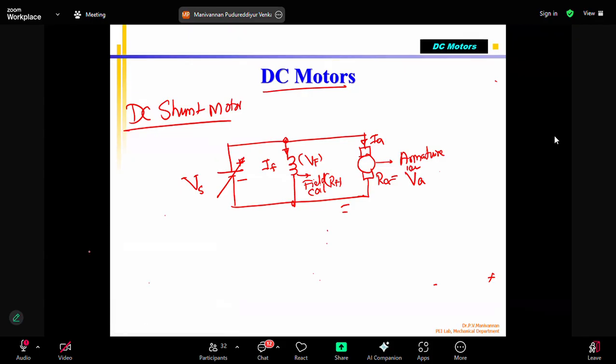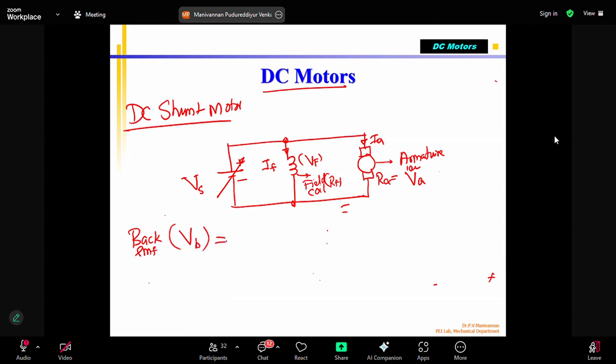Now, since V supply is applied, another thing to know in motors, specifically in DC motors, is what you call back EMF, which is generally referred to as VB.